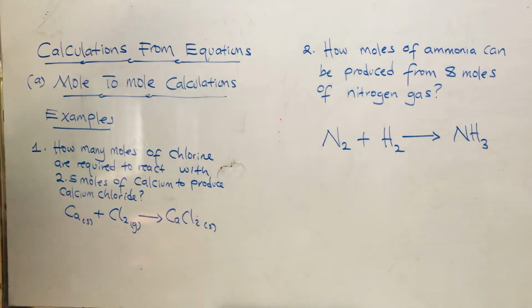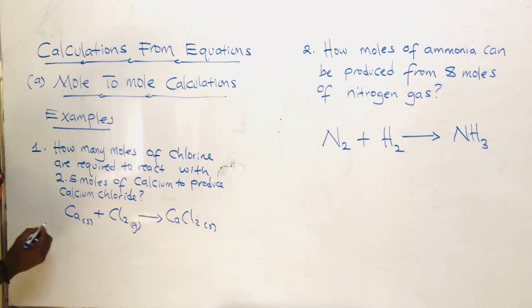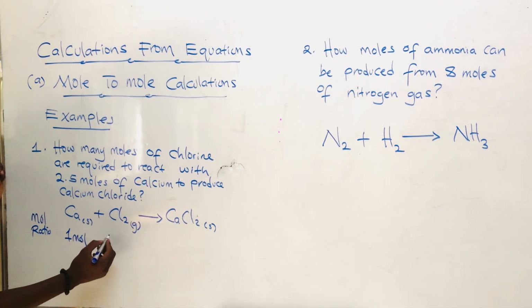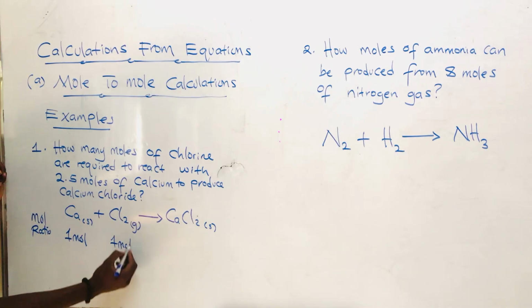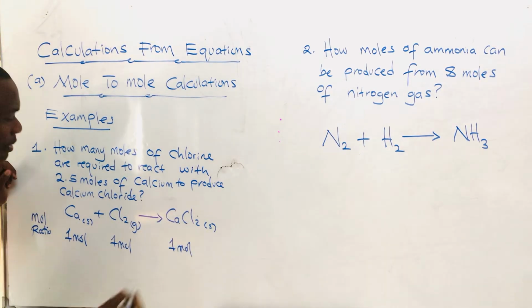So this is self-balanced. Now, we can write our mole ratio. So you look at the balancing figure here. What number is in front here? It is 1. So the mole ratio, we're going to have 1 mole there. Here, there's a 1, so we say 1 mole. How about here? There's also a 1, so we say 1 mole again, like that.